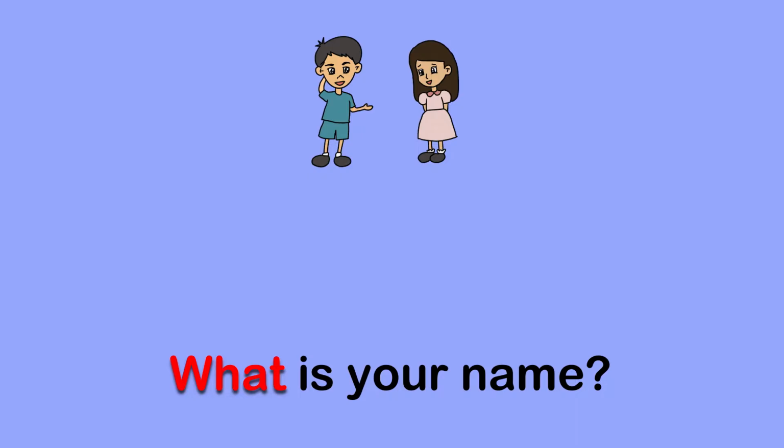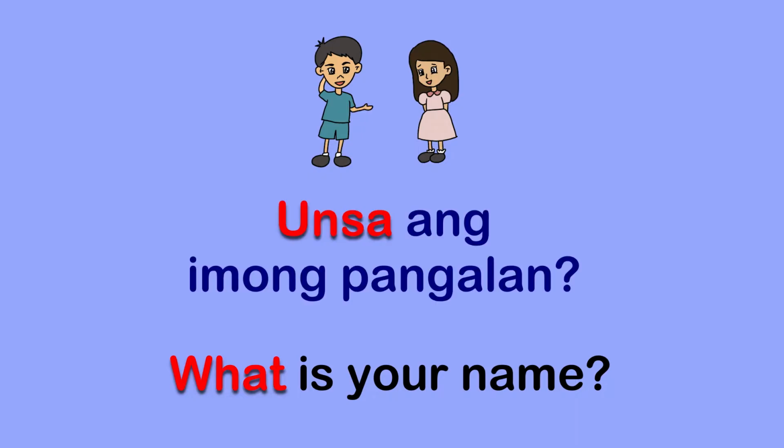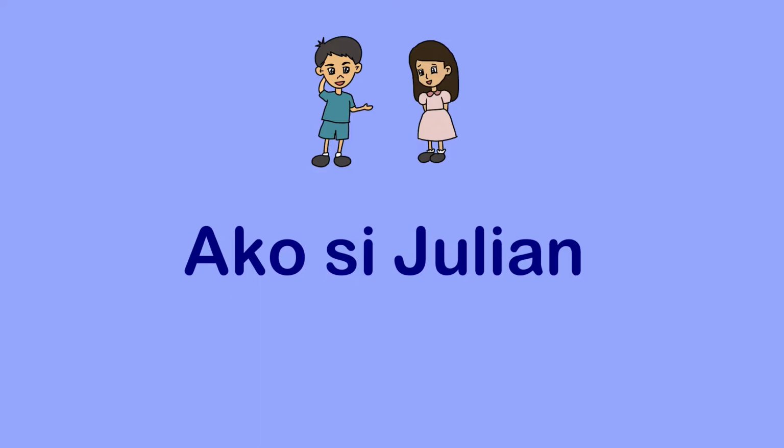Which in Bisaya is unsa ang imong pangalan? To respond to this question, you can use Ako si Julian. I am Julian in English.